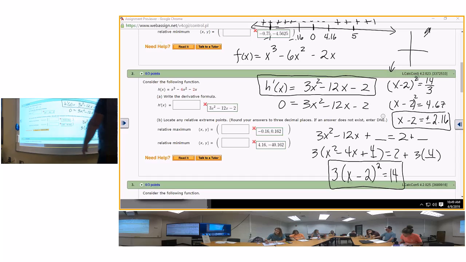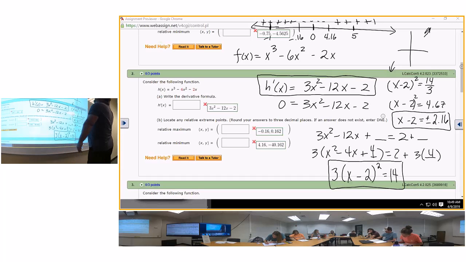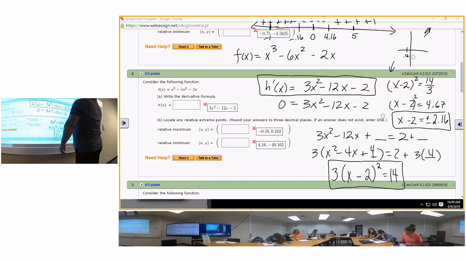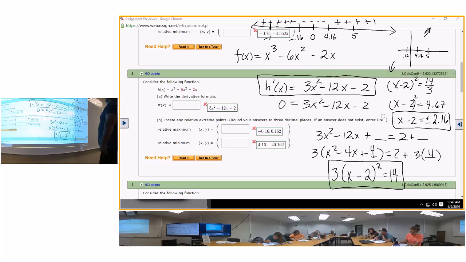So if I've got a graph right here, I'm increasing from negative infinity. Let's put these x's right here. Negative 0.16 is right here, and 4.16 is right here, and 5 is right here. I'm exaggerating a little bit. But what is my function doing from negative infinity to negative 0.16?